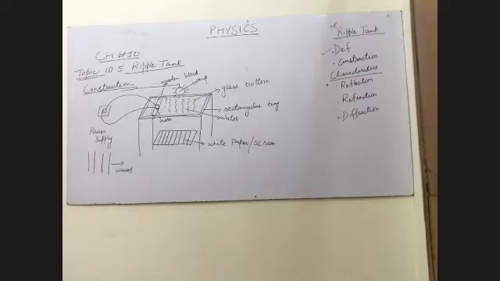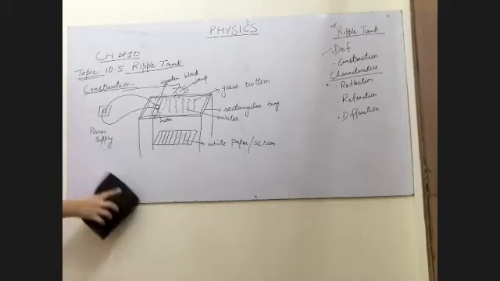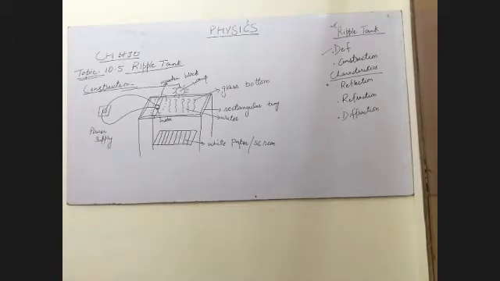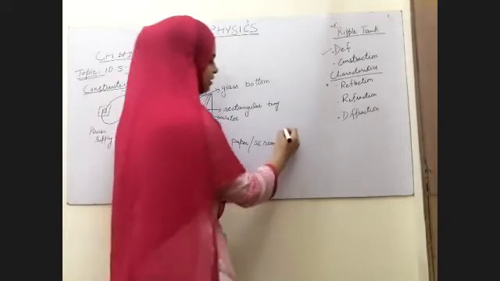Now, what are the white lines and what are the dark lines on the paper?